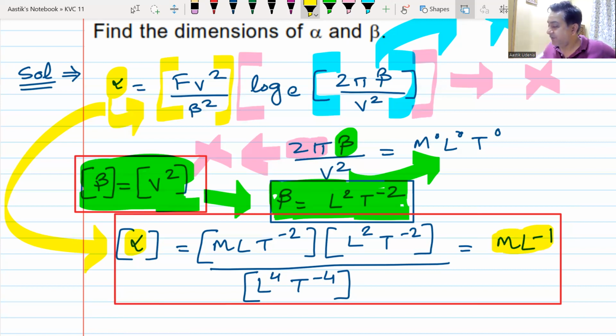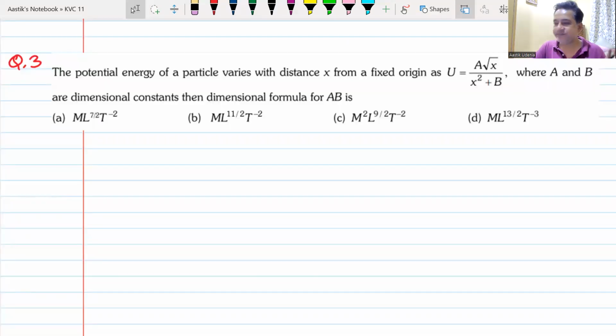And then it came in various exams. So now comes the question. I hope everyone has noted down the previous one. And I move on to the next one. That will be the last one for this particular set, because I think we have covered everything in this set. Comes this question.